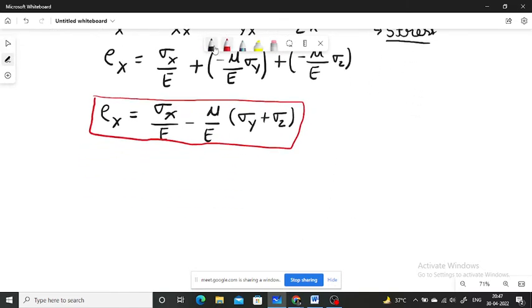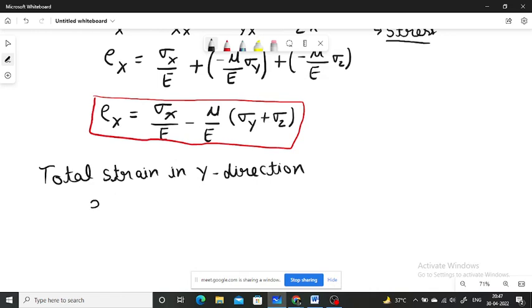Similarly, total strain in y direction will be equal to Ey is equal to Eyy plus Exy plus Ezy.